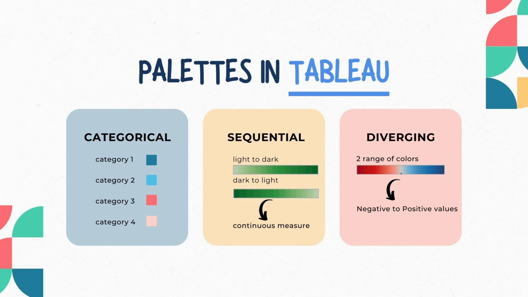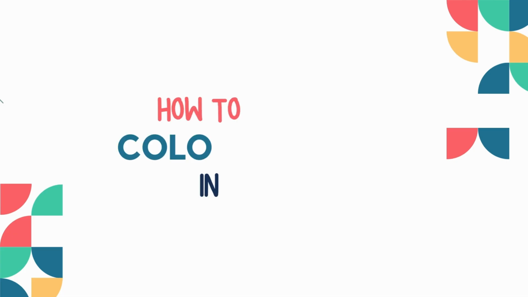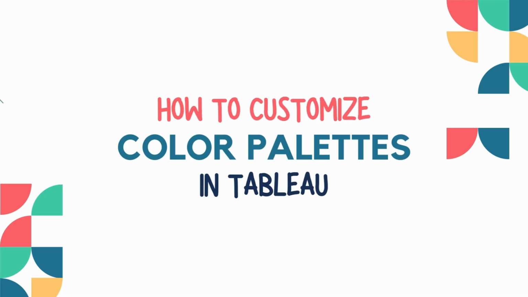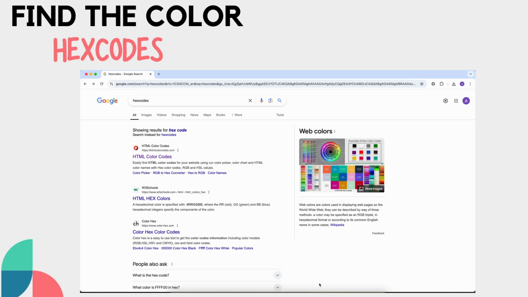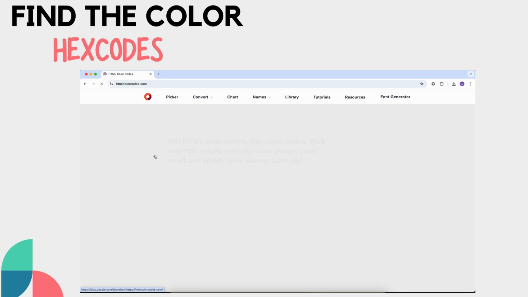Now that we know what the different types of color palettes in Tableau are, let's talk about how you can customize the color palette that comes as default in Tableau. But before you go ahead and create these custom colors, you need to decide on the colors that you want to include in your custom palette.